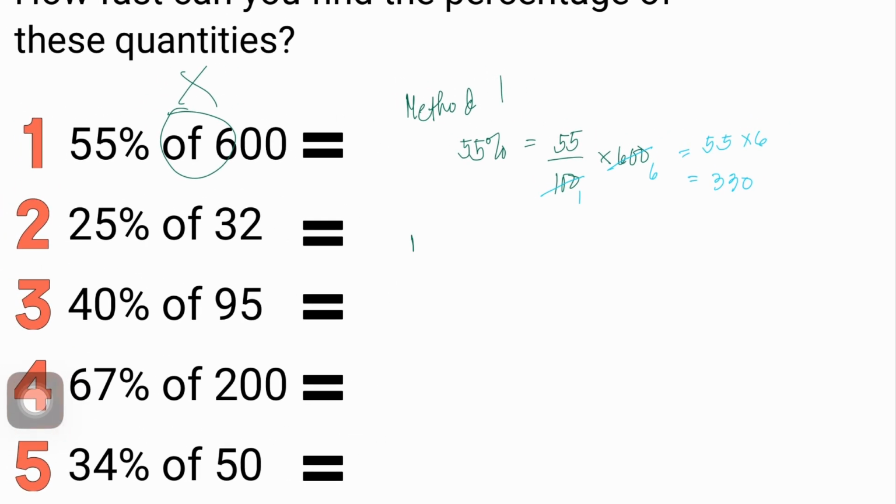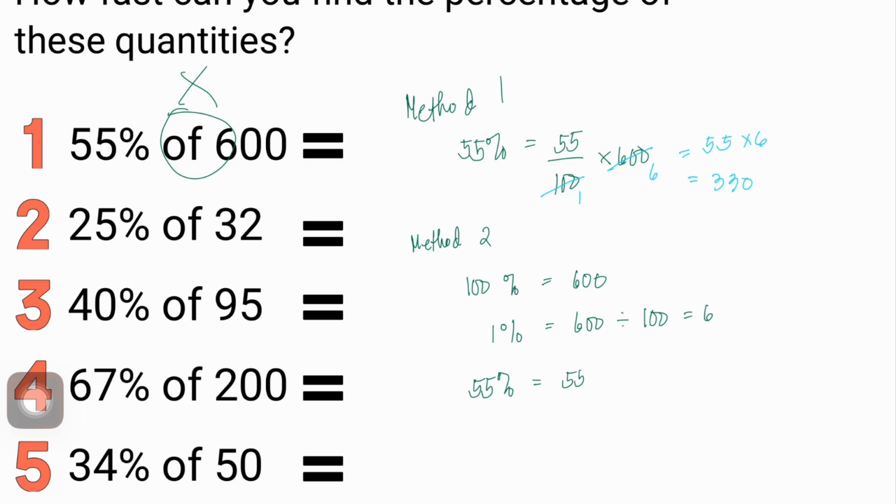Method number 2. Since your 100% is equal to 600, 1% means 600 divided by 100. That will give us 6. So that means 1% is equal to 6. Since we are looking for 55%, we can multiply 55 by 6 and that will give us 330.